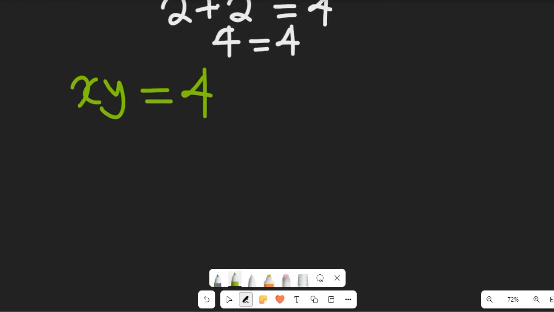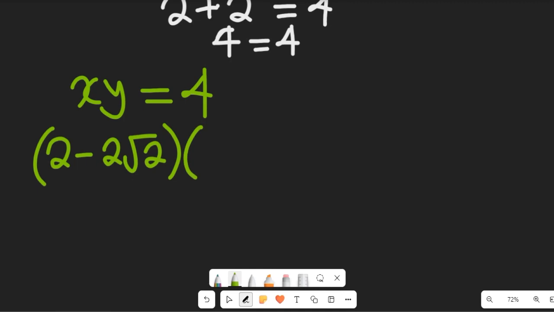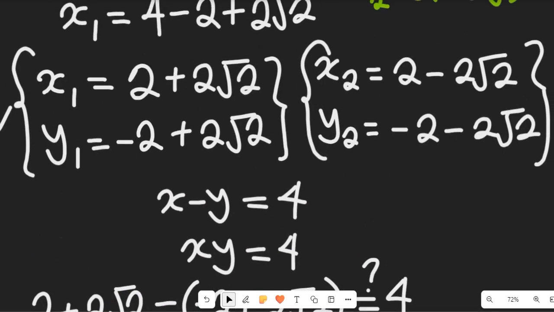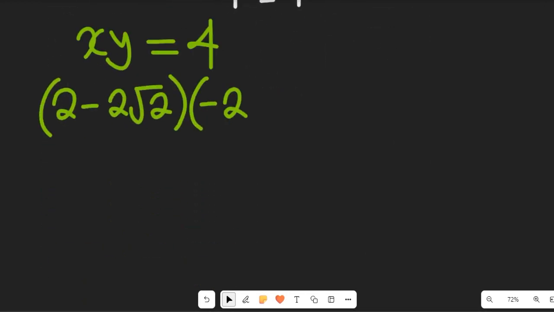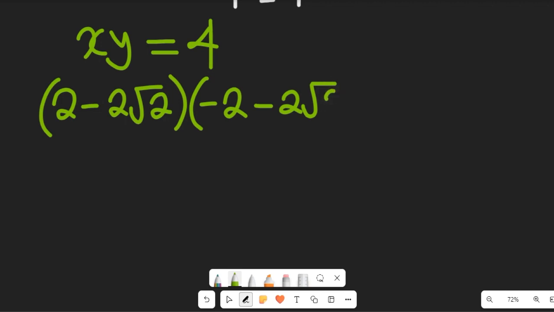So will 2 minus 2 root 2 multiplied by negative 2, right? y is negative 2 minus 2 root 2. Will it be equal to 4? Now let's try this out. If we multiply this by this, is going to give us 4, right?